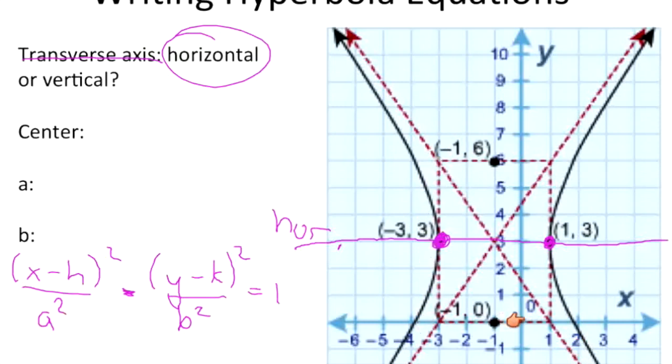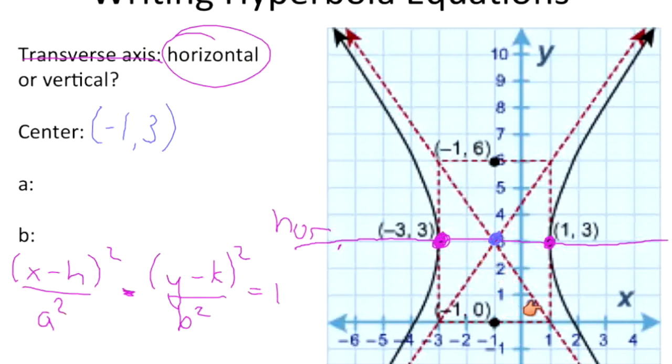But by creating this interior box, which the online lesson will walk you through, and finding the lines that go through the diagonals, it finds the exact center for you. So my exact center would be right here, and this value is going to be at -1, 1, 2, 3.